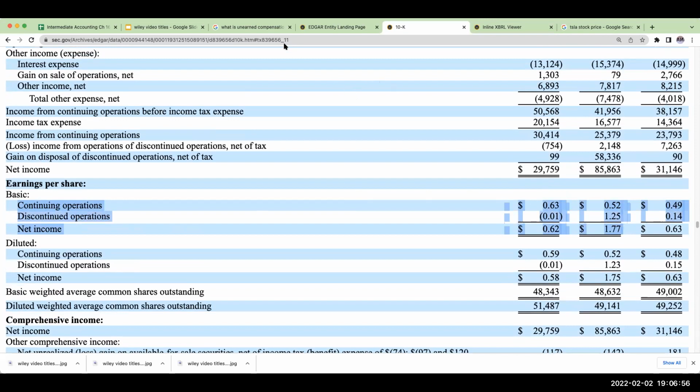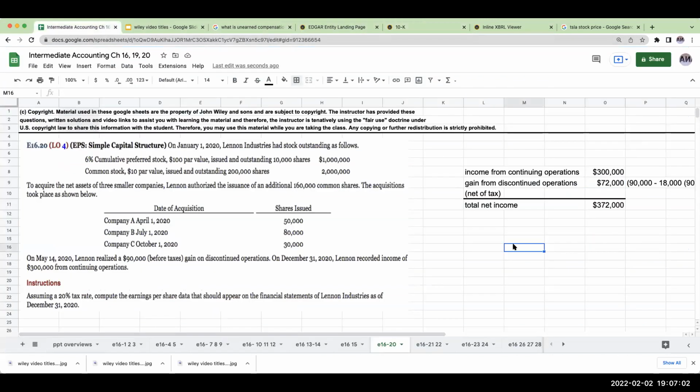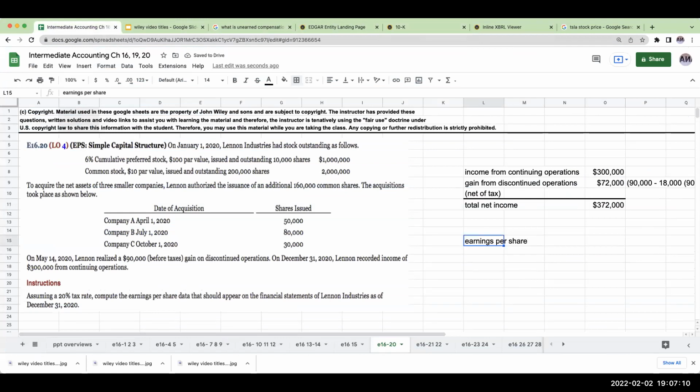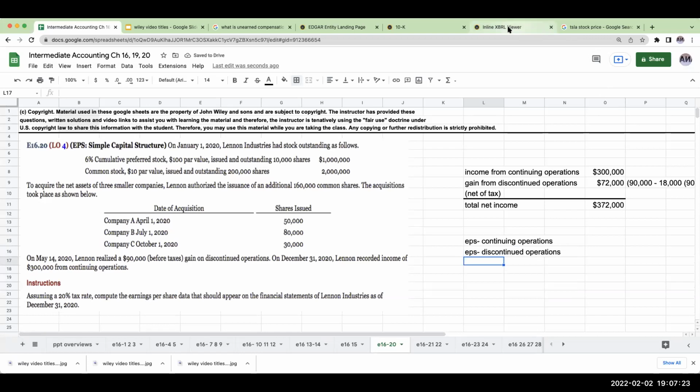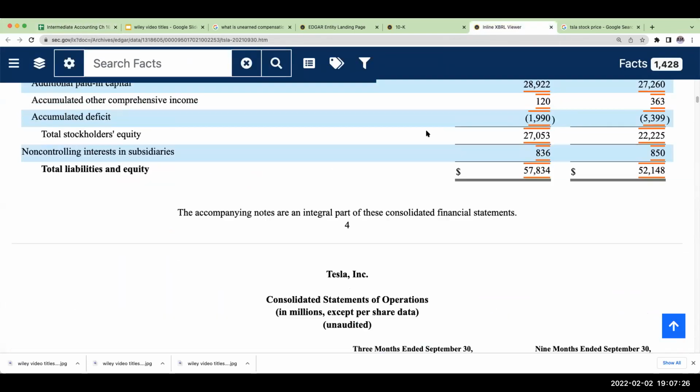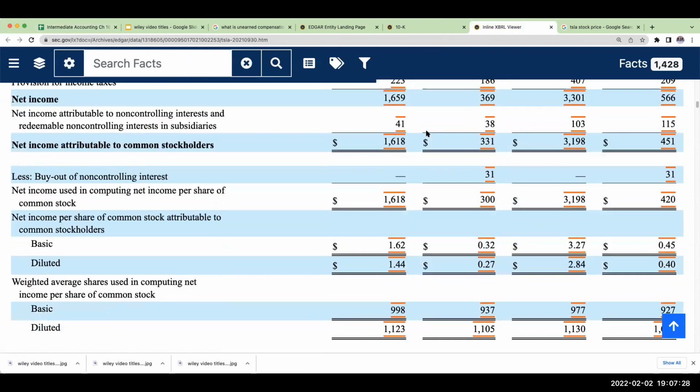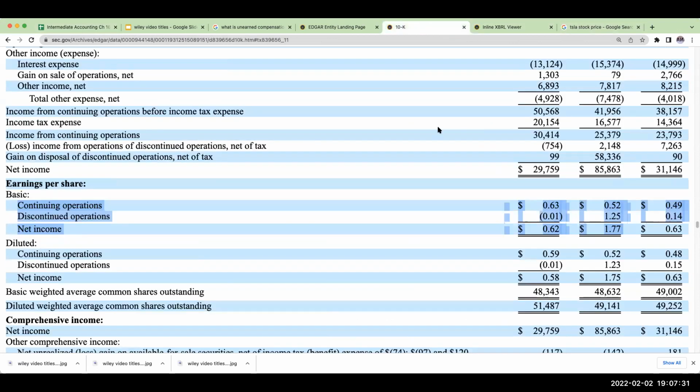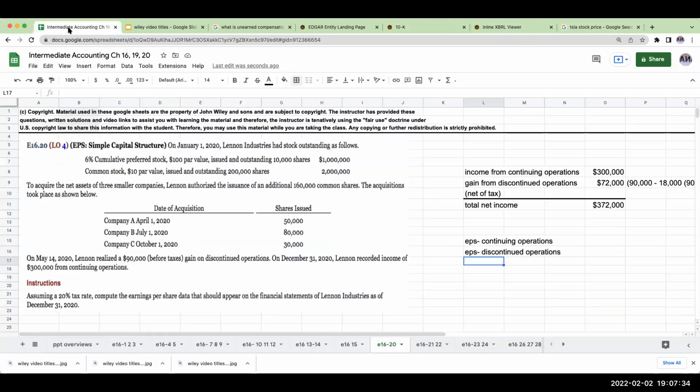So coming back over here, when we're going through our question, we're going to do the same thing. We're going to have earnings per share, continuing operations, earnings per share, discontinued operations, and then we'll just have net income.